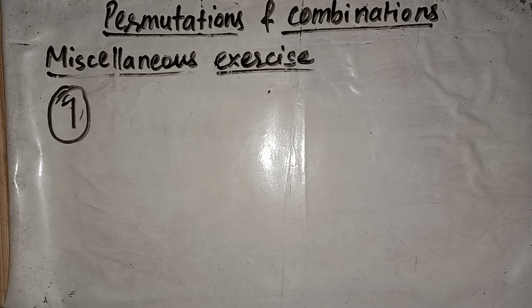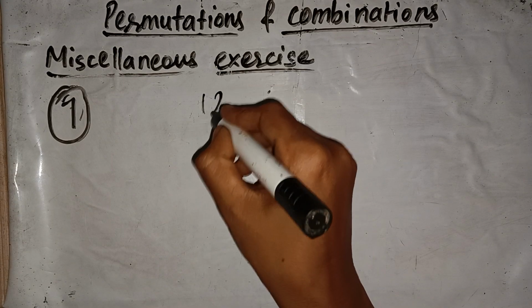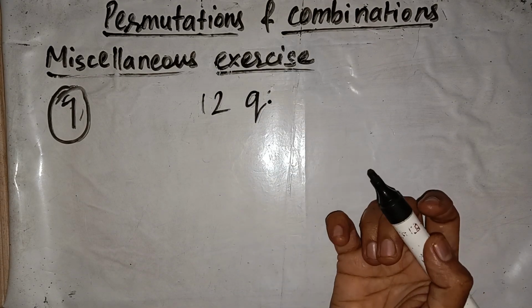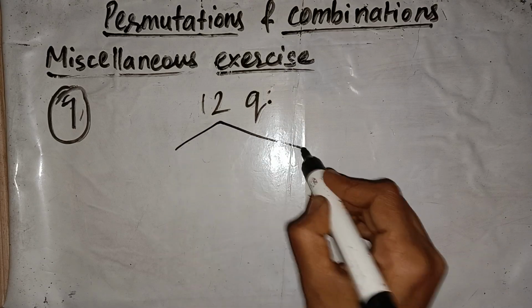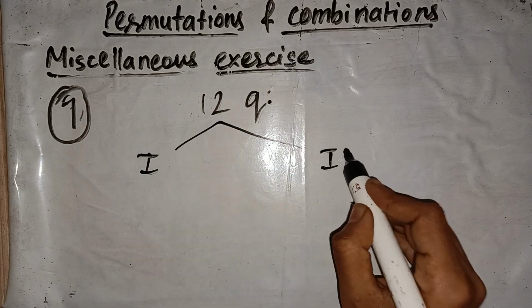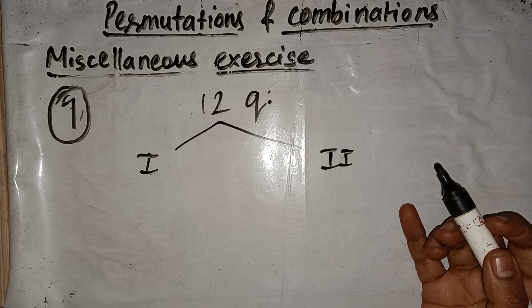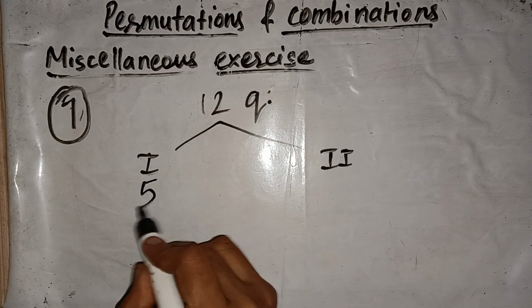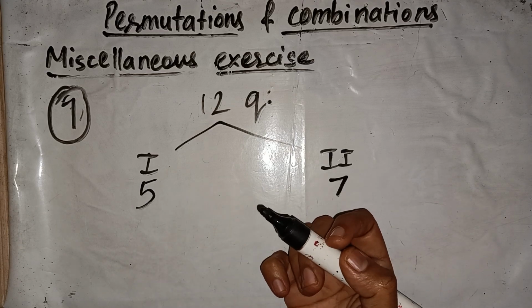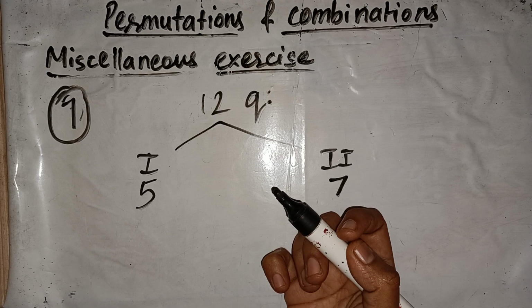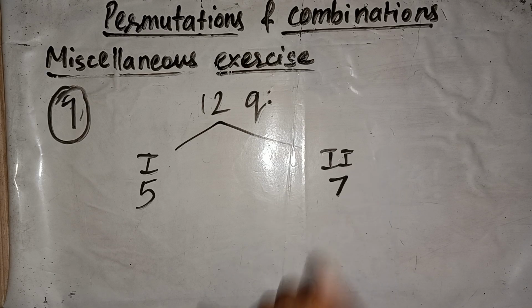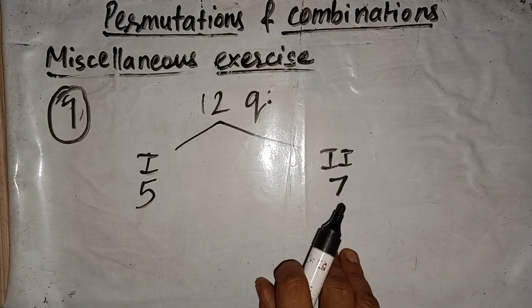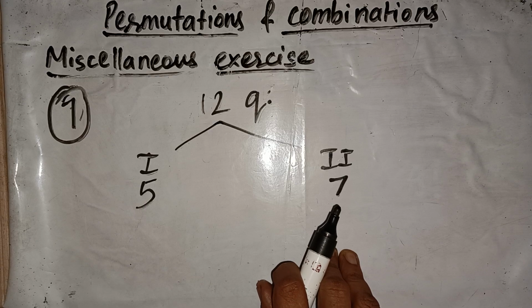Next question. In an examination, a question paper consists of 12 questions, divided into 2 parts, part 1 and part 2, containing 5 and 7 questions. A student is required to attempt 8 questions in all, selecting at least 3 from each part.